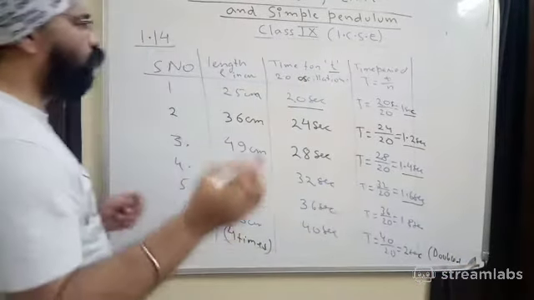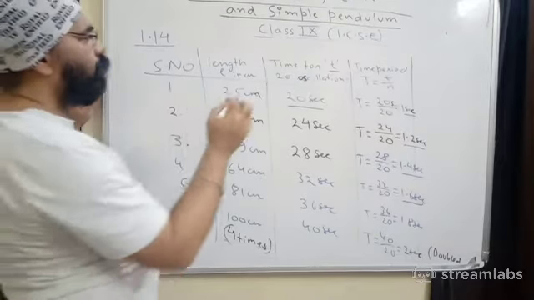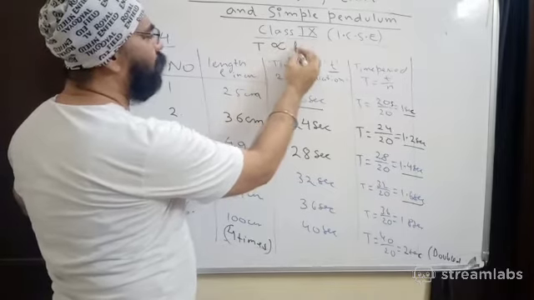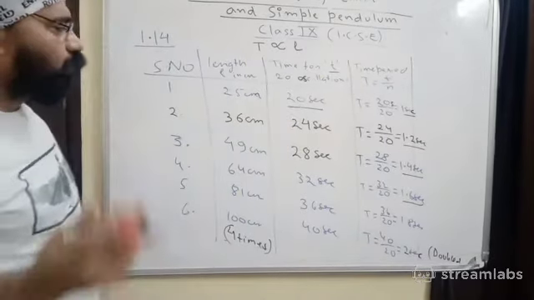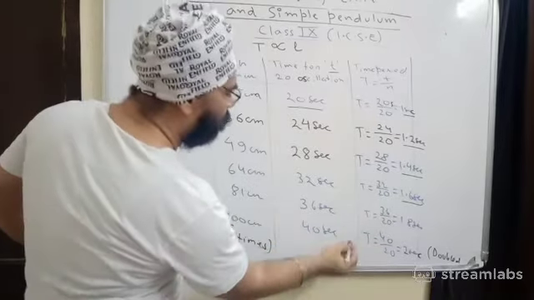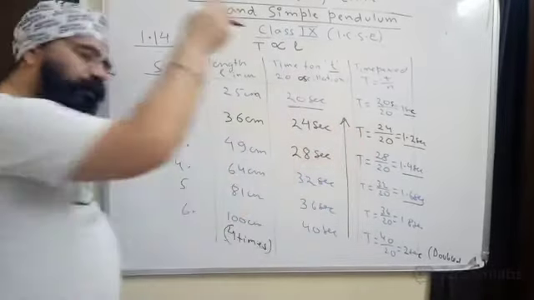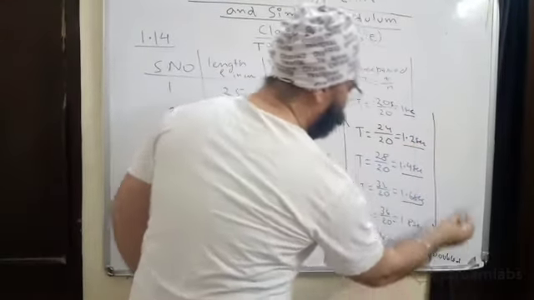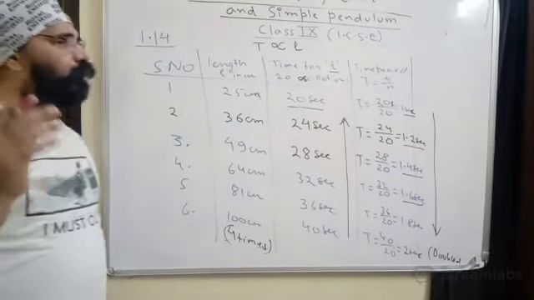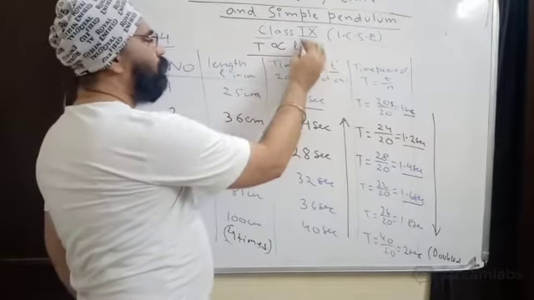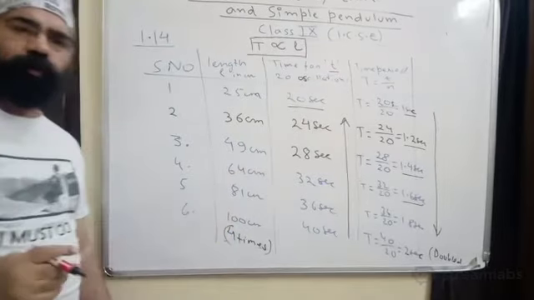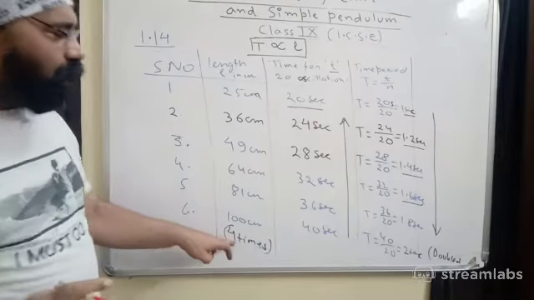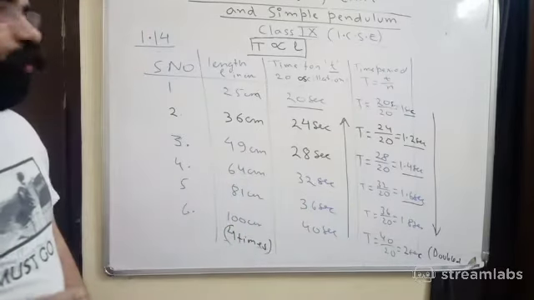ओके, तो मुझे इससे 2 चीजें सीखने को मिलती है. पहली तो ये कि मेरा जो टाइम पीरियड है वो डायरेक्टली प्रोपोर्शनल है टू द लेंथ. लेंथ बढ़ेगी तो वो भी बढ़ेगा, लेंथ घटेगी तो मेरा टाइम पीरियड भी घटेगा, राइट? So the first thing which I understand is that the time period is directly proportional to the length. The second thing I note is that ये 4 गुना बढ़ रहा है तो वो 2 गुना बढ़ रहा है.